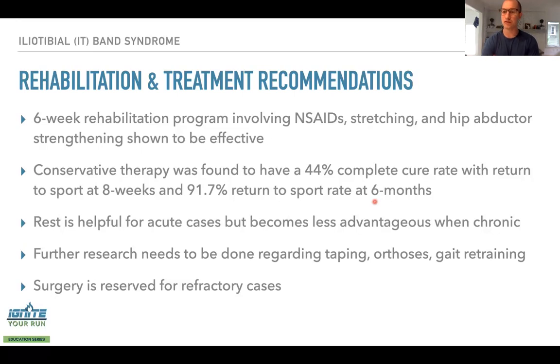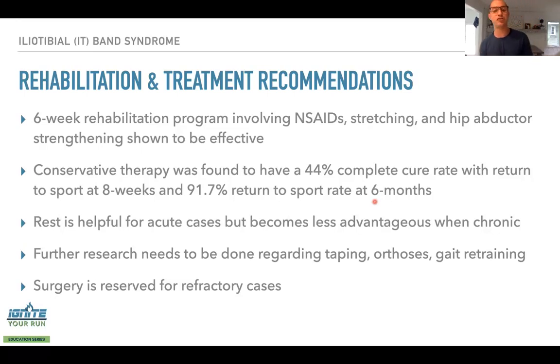It can be a little bit more tricky to resolve. So understanding that, again, 4 out of 10 people resolve in 2 months, 9 out of 10 people resolve in 6 months. It's a pretty big range there, but it could take some time to fully resolve. And that doesn't necessarily mean you're not running, you're not active, you're completely resting, but you could be doing some kind of modified workouts for the time being.